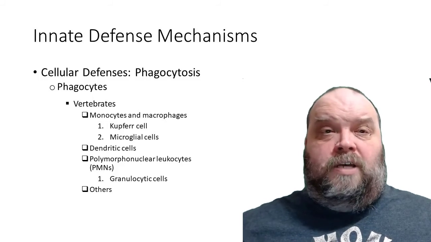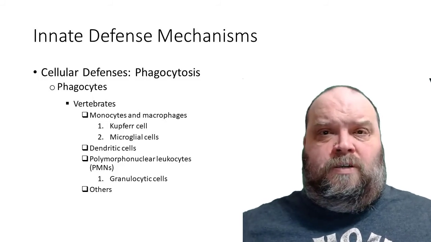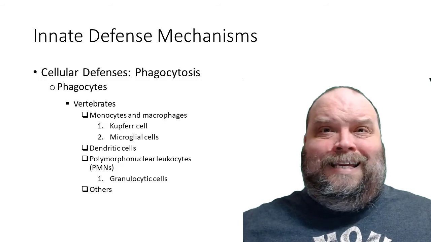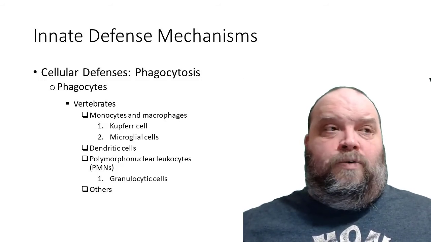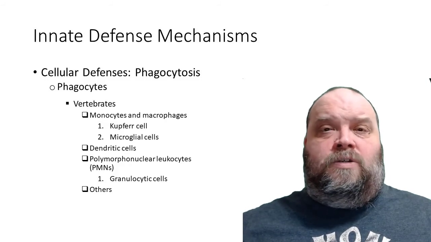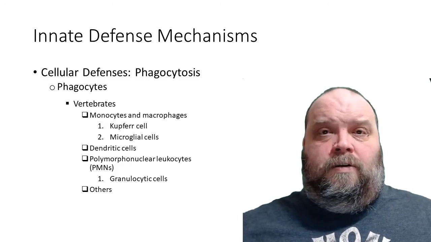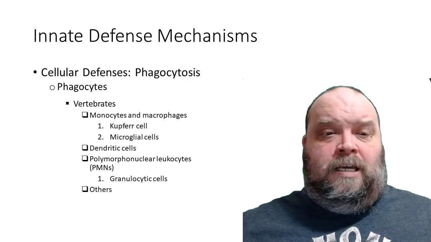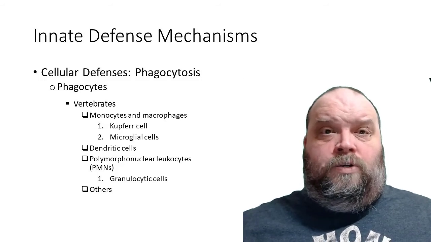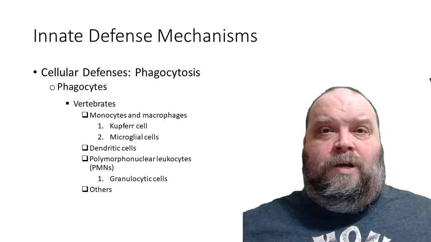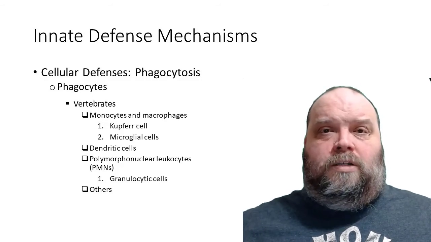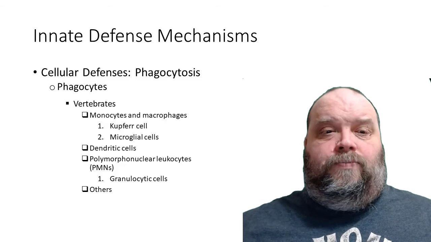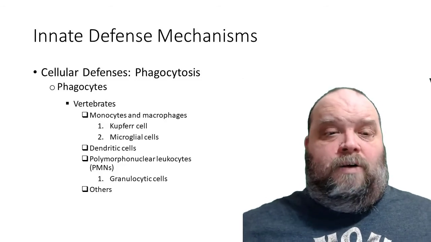The microglial cells, you're going to find in the central nervous system, looking for anything not you that may have made it through the blood-brain barrier, through the meninges and everything, into the central nervous system itself. They're going to find it and kill it, or they're looking for damaged neurons, damaged Schwann cells, damaged whatever. Their job is to clear it out.